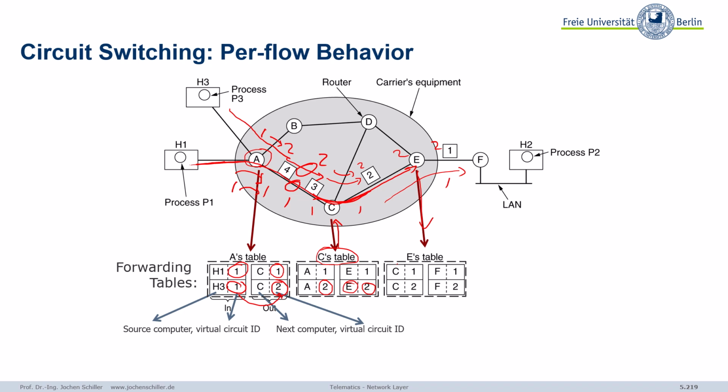This label switching was introduced also for many different protocols under the term multi-protocol label switching, MPLS. It had its peak times in the late 90s and 2000, and was one way of managing traffic.